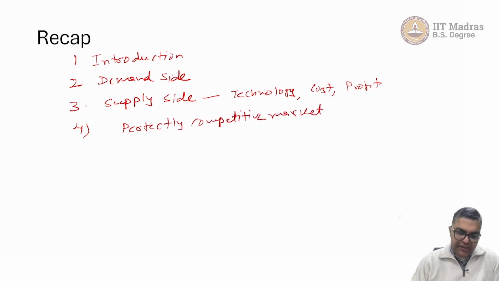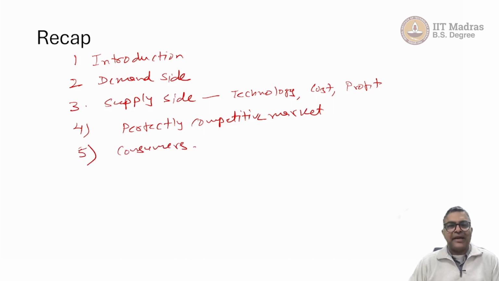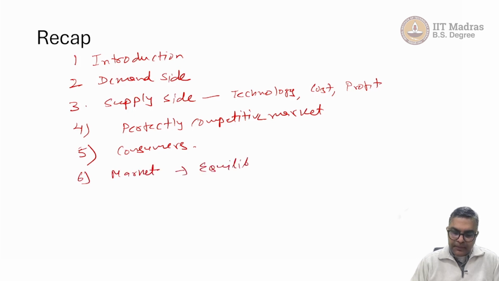And from here we came back to the demand side formally to talk about consumers. And once we figured out the supply side as well as consumers, we talked about market equilibrium, and then we talked about different interventions that government can do in the market.